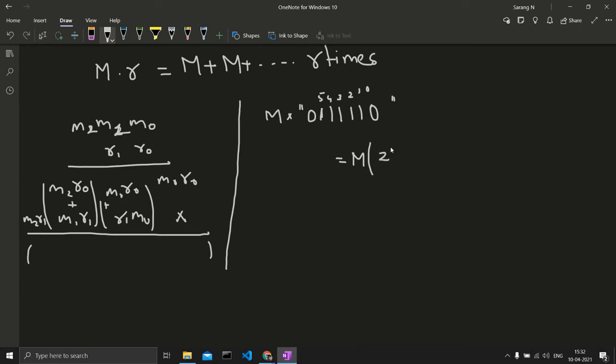So you can write 2 to the power of 5 plus 2 to the power of 4 plus 2 cubed plus 2 squared plus 2, right? This would be the multiplication, your original answer. Now you can simplify it, as you can see that it's a geometric series.